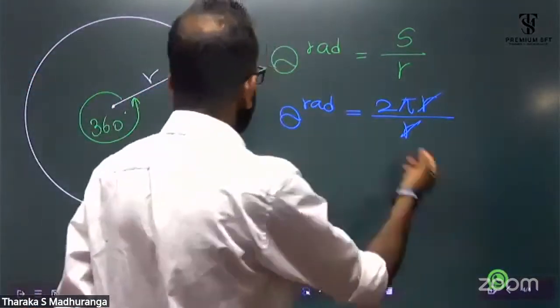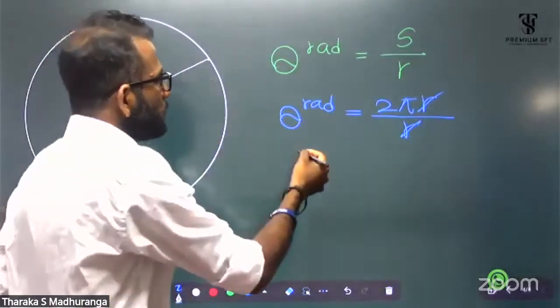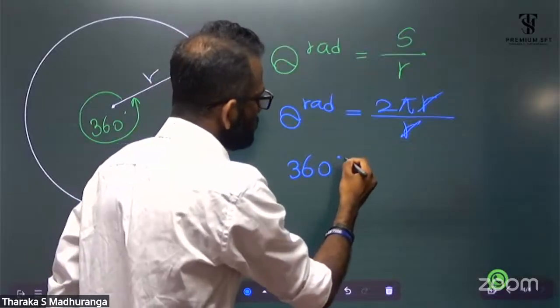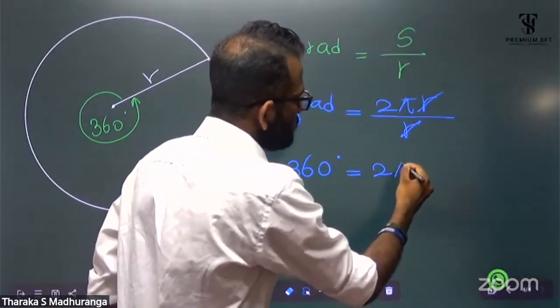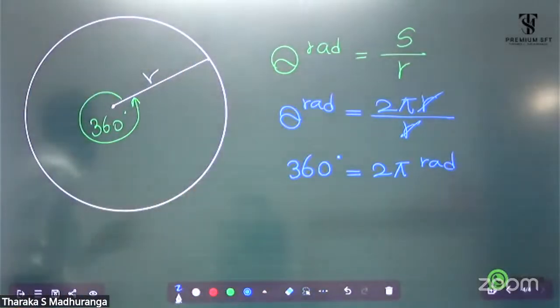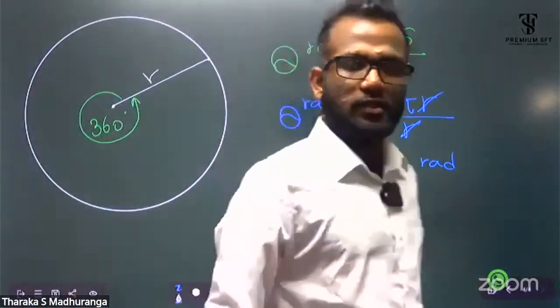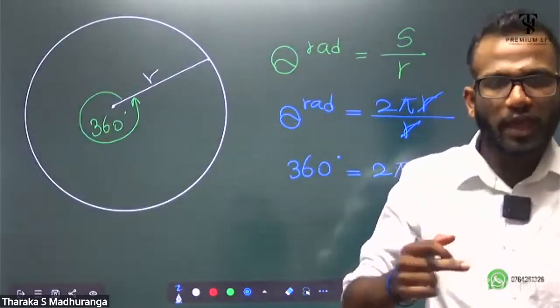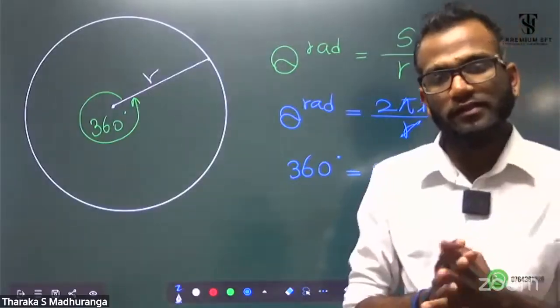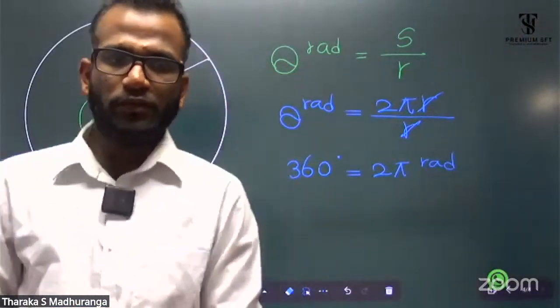Theta radian means it is 360 degrees. 360 degrees equals 2 pi radian. In rotational motion also we discussed the full angle in radians. The full angle of a circle in radians is 2 pi radian.